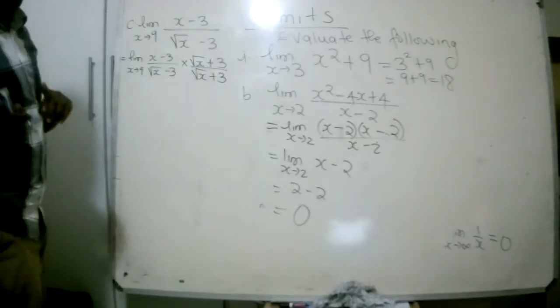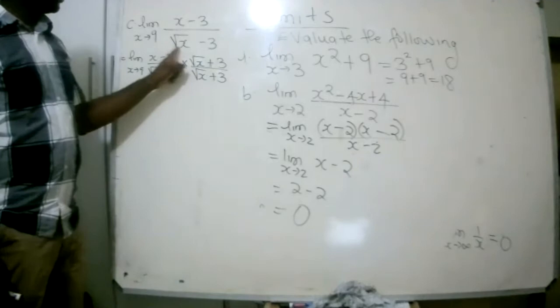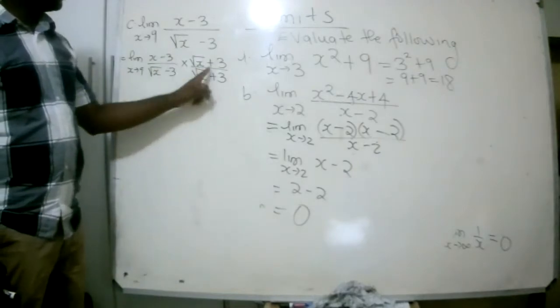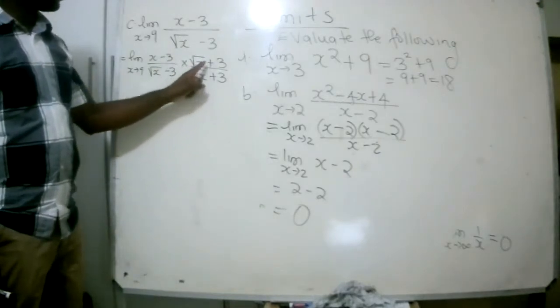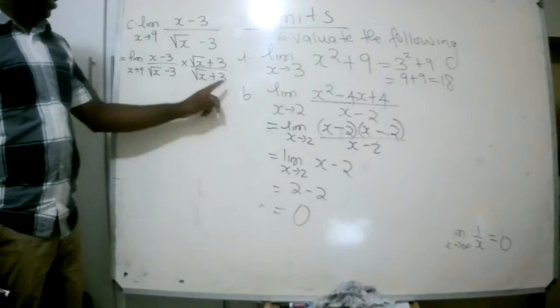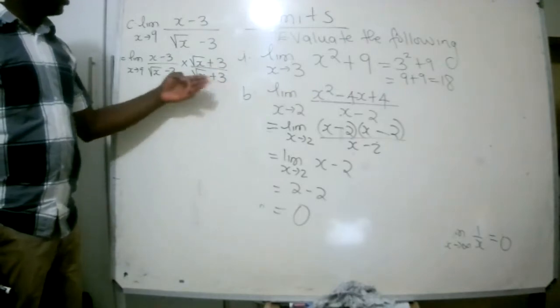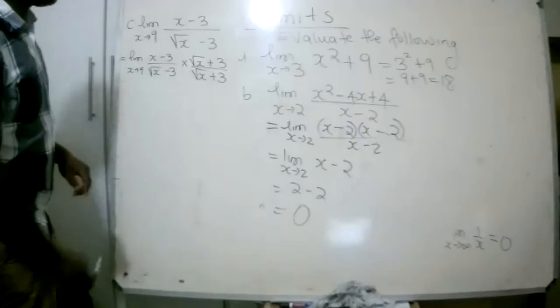We have done a question on rationalizing yesterday. So we take the denominator and then we change the sign of that. We have root of x plus 3 divided by root of x plus 3. So that is what is called rationalizing. It's a special one.